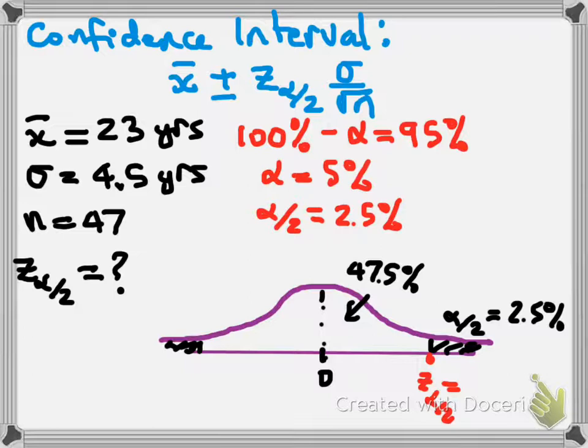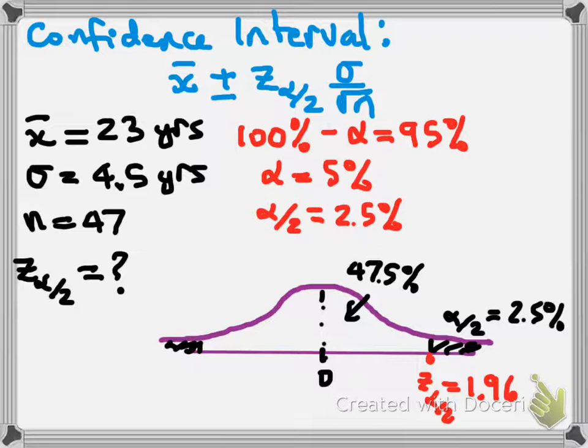So the picture you have in mind looks like this. You can see the area in the tails is 2.5%, and you have 47.5% between the mean 0 and your z-score. So in your z table, if you look for the area 0.4750, which is 47.5%, you will find a z-score of 1.96.